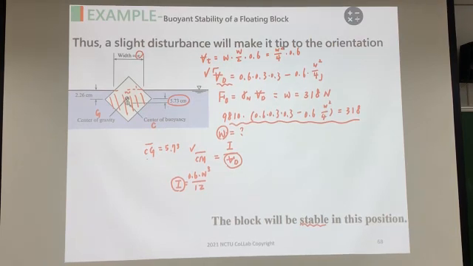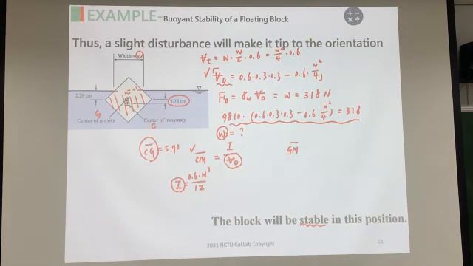And the question already tells you the CG distance. So in that way, GM distance is equal to CM minus the CG. And the final answer should be larger than 0. And then you can tell us the block is stable right now.